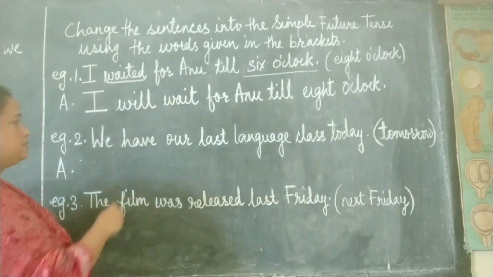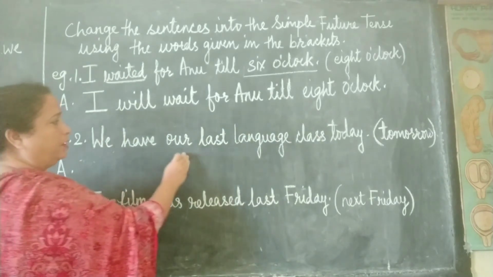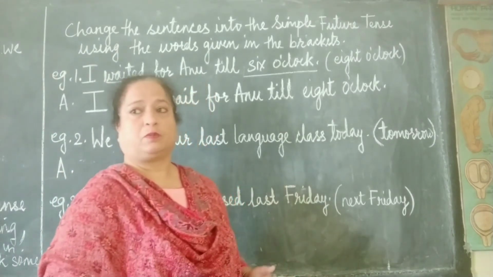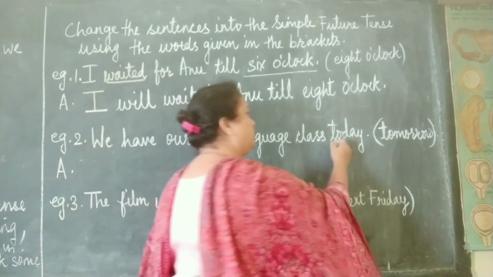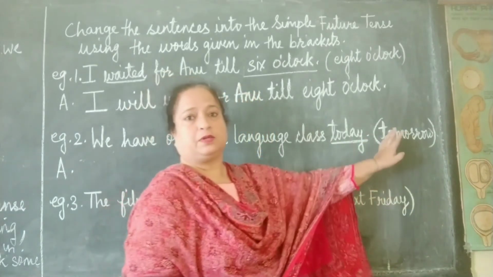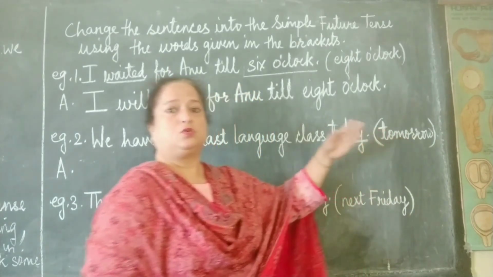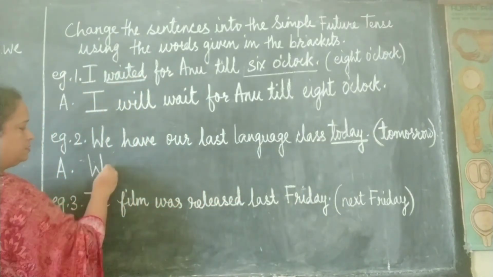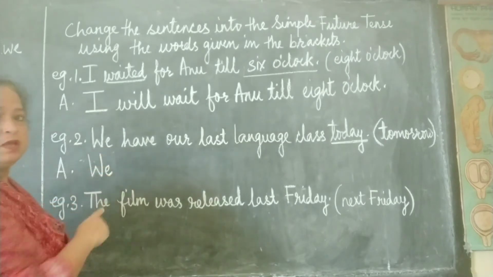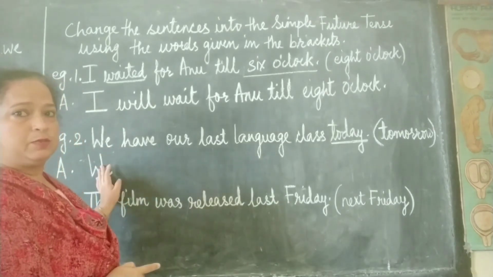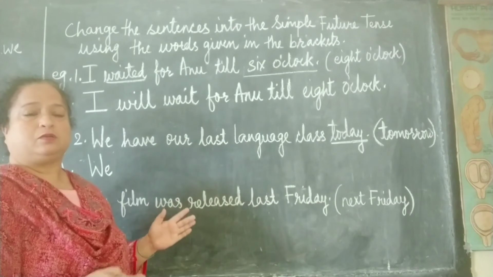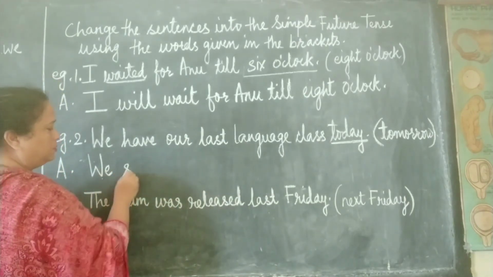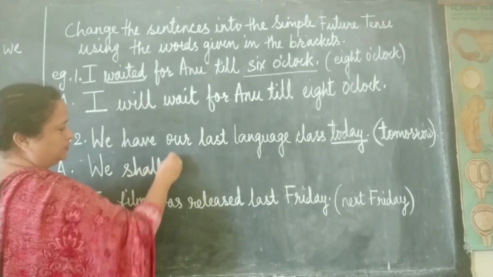Now what is the next sentence we have? We have our last language class today. That means we need to talk about the future. So instead of today, I will be using the word that is in the bracket to change it into the future tense. So once again, I begin my sentence with the subject, that is we. Since my subject is we, I know that I can use will or shall along with it. So we shall have.